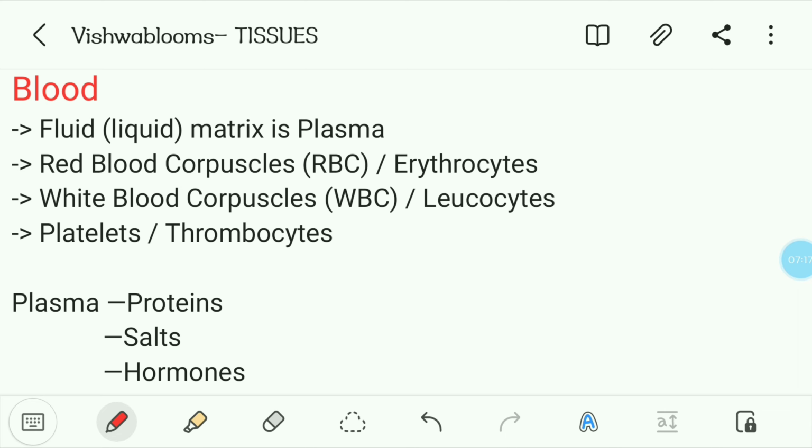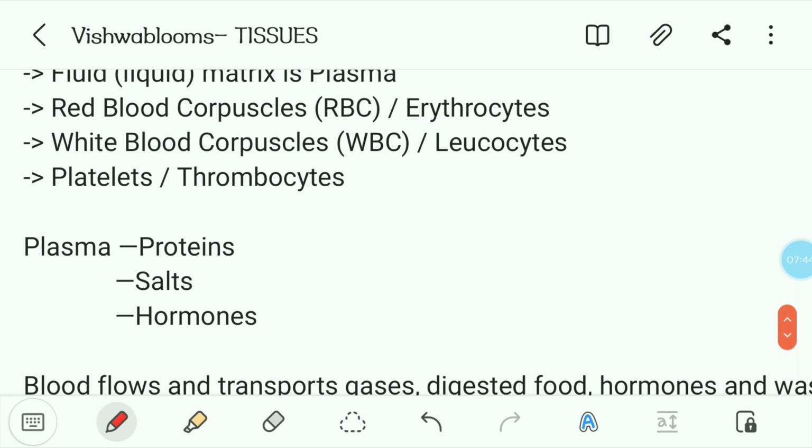And in blood there are plasma, RBC, WBC and platelets. RBC are red blood corpuscles, also called erythrocytes, WBC are white blood corpuscles, also called leukocytes, and platelets are called thrombocytes.